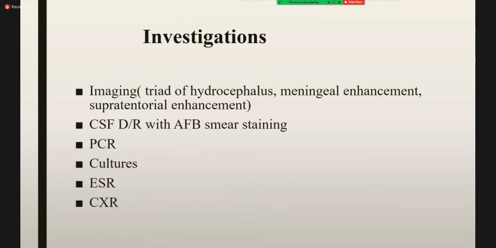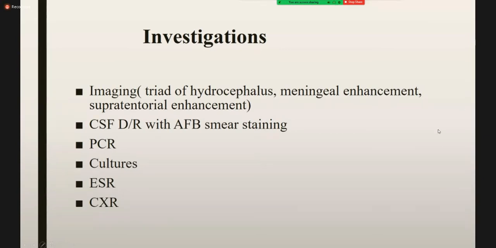and cranial nerve palsies. Now, how do we investigate these cases in which we suspect that the patient has chronic meningitis because of tuberculosis? Again, brain imaging is the gold standard, and the triad of hydrocephalus, meningeal enhancement, and supratentorial enhancement will give a clue along with history and clinical examination.